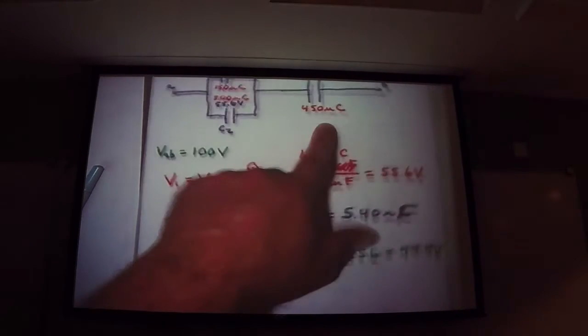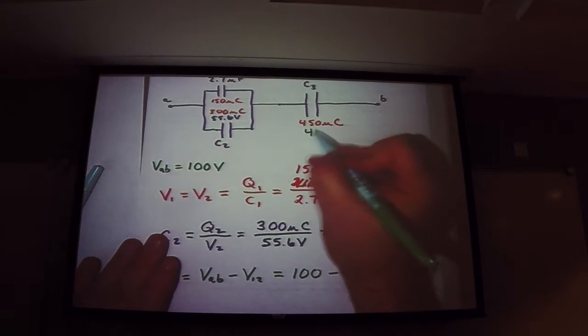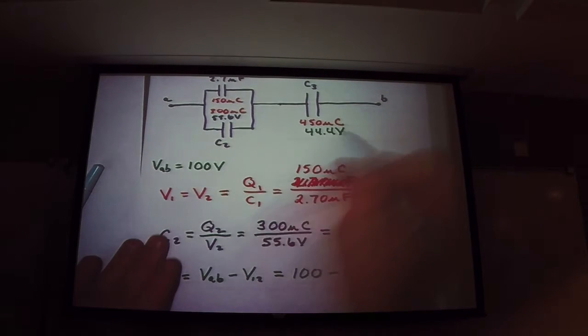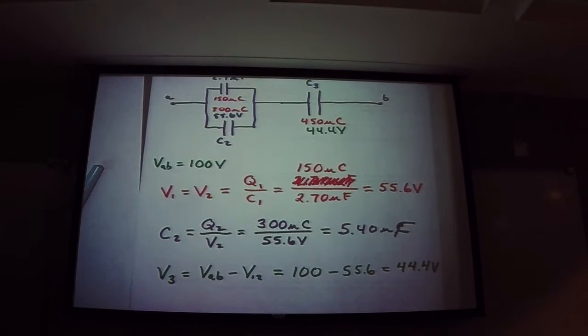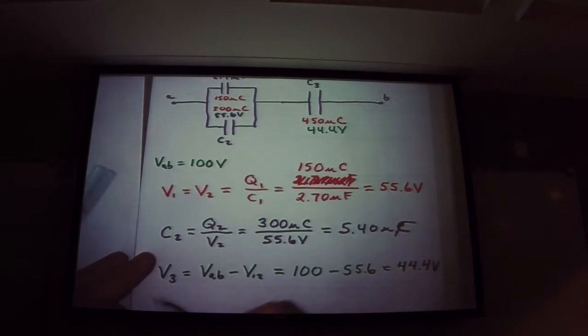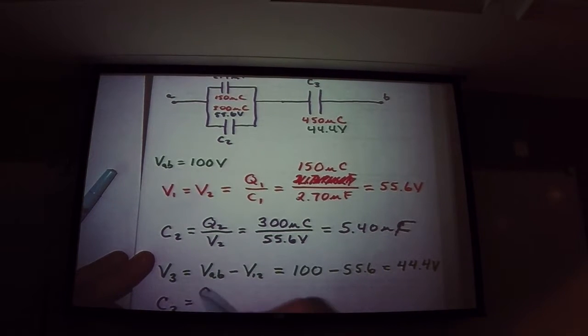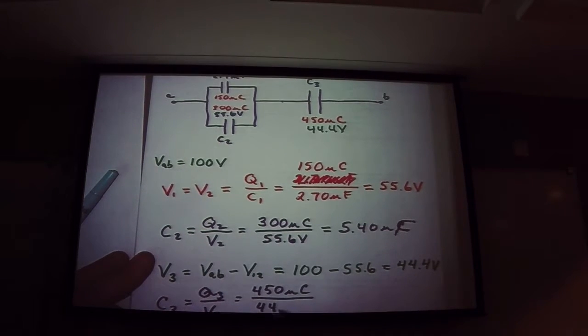Now that we have V3, I can calculate C3. C3 is Q3 over V3, 450 microcoulombs divided by 44.4.